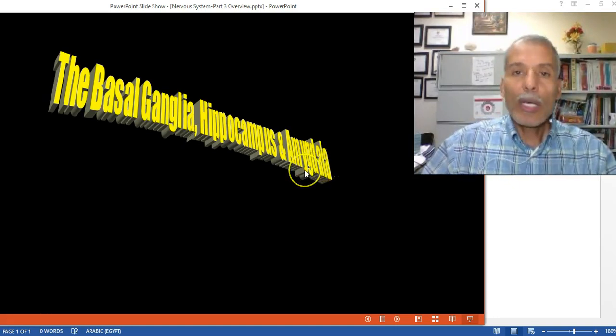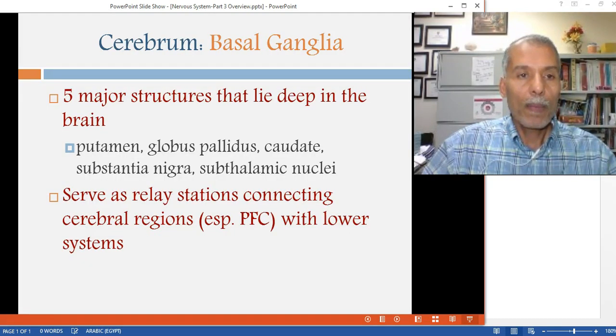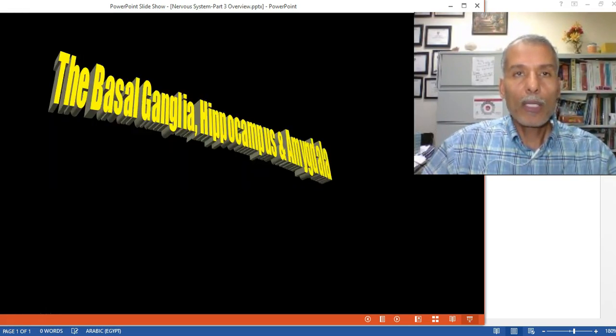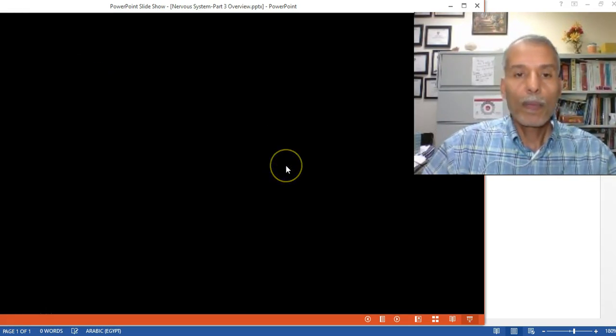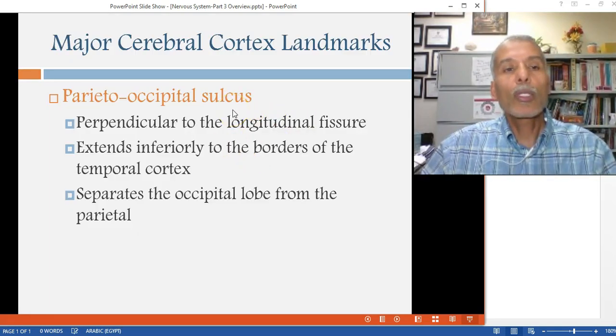So now we look at the basal ganglia, part number 2 actually of the cerebral cortex.